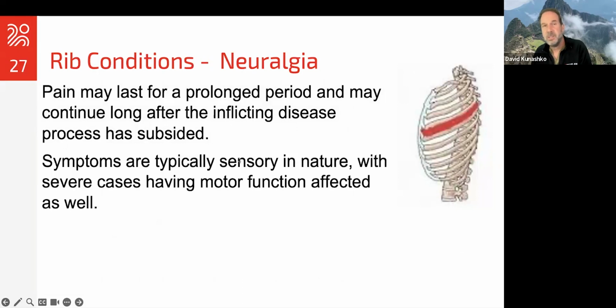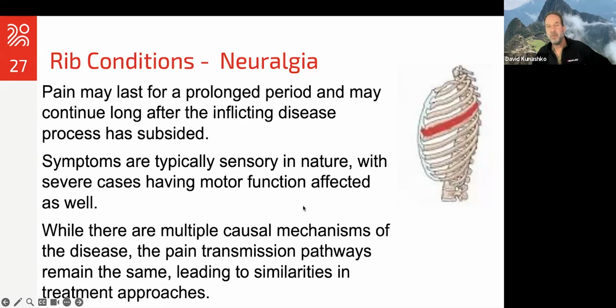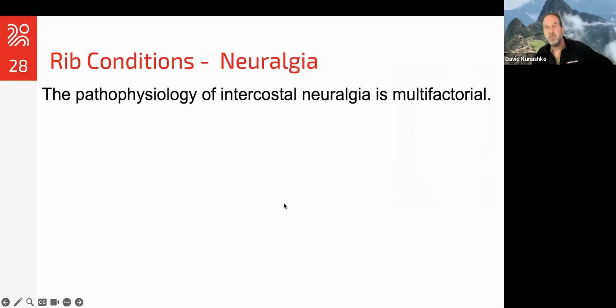So these conditions can be quite challenging to treat. Usually sensory in nature, but occasionally you have issues with motor function of the intercostal muscles, but I think that's rare. And there's multiple mechanisms of why this occurs, and different treatment approaches.